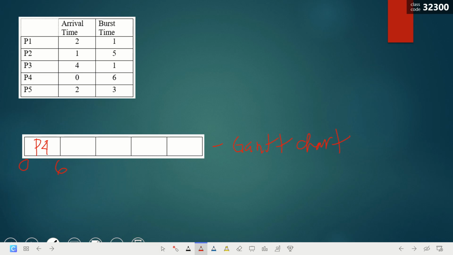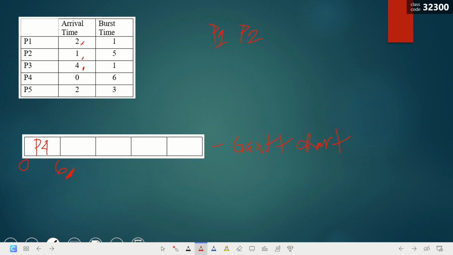Now at time 6, we check which processes have come: P1 at time 2, P2 at time 1, and P3 at time 4.